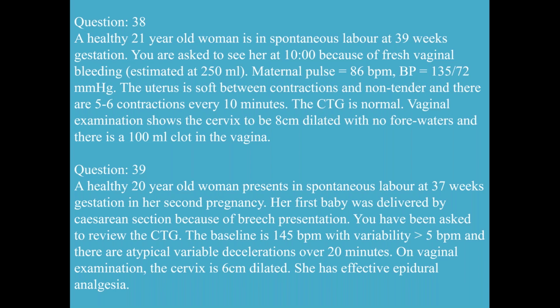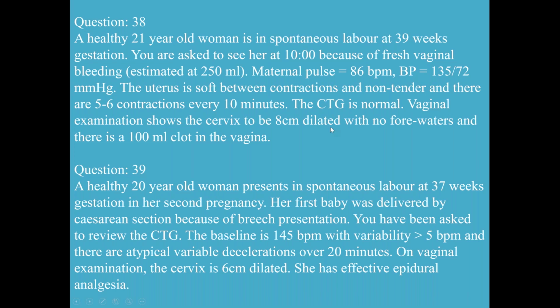The maternal pulse is 86 beats per minute. BP is 135 by 72 millimeters mercury. The uterus is soft between the contractions and non-tender, and there are 5 to 6 contractions every 10 minutes. The CTG is normal. Vaginal examination shows the cervix to be 8 centimeters dilated with no forewaters, and there is a 100 ml clot in the vagina.